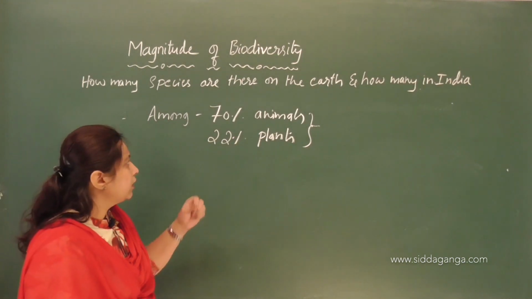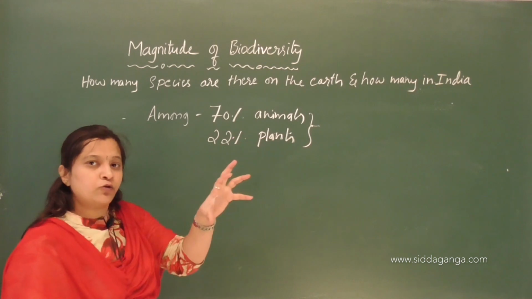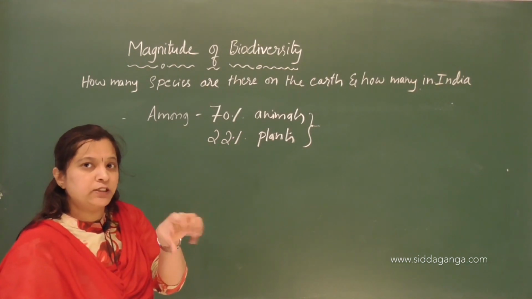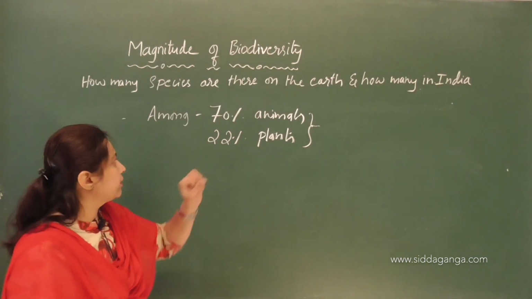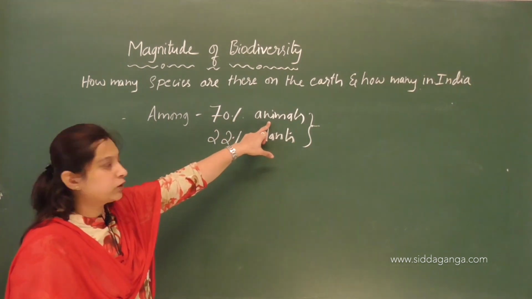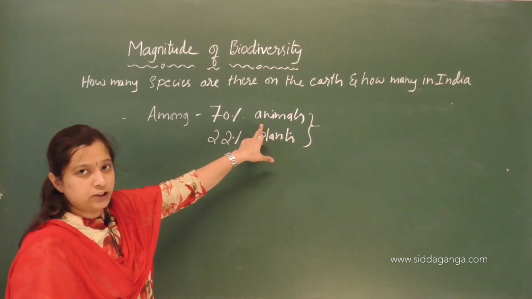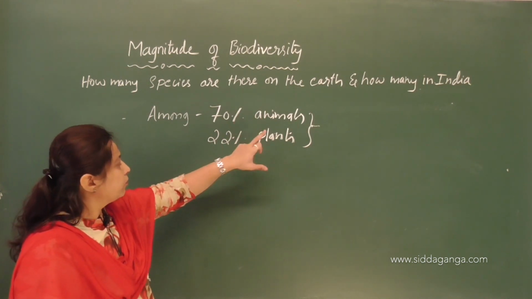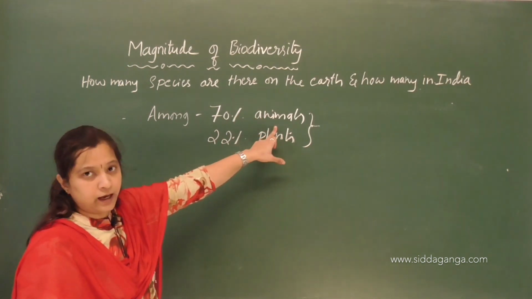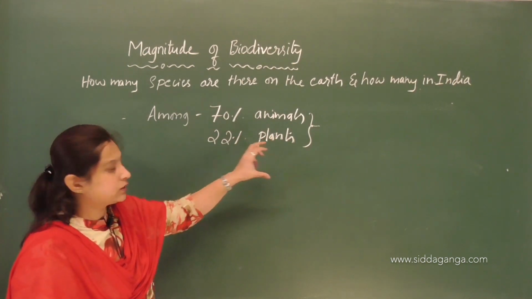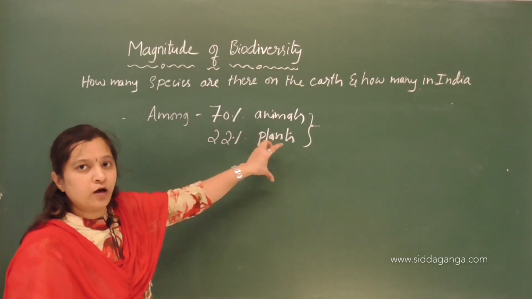That's why, of the total plant and animal species discovered and described, most are animals, compared to the plants, which constitute only 22%.